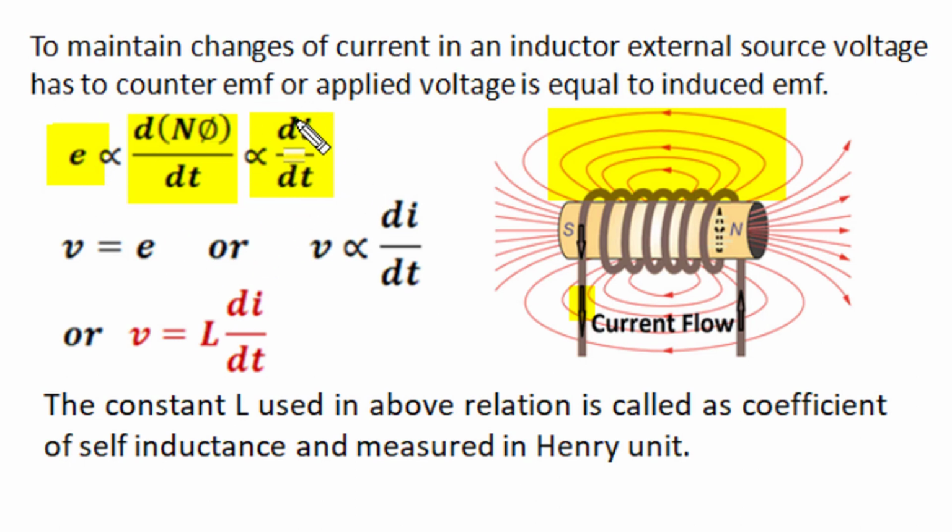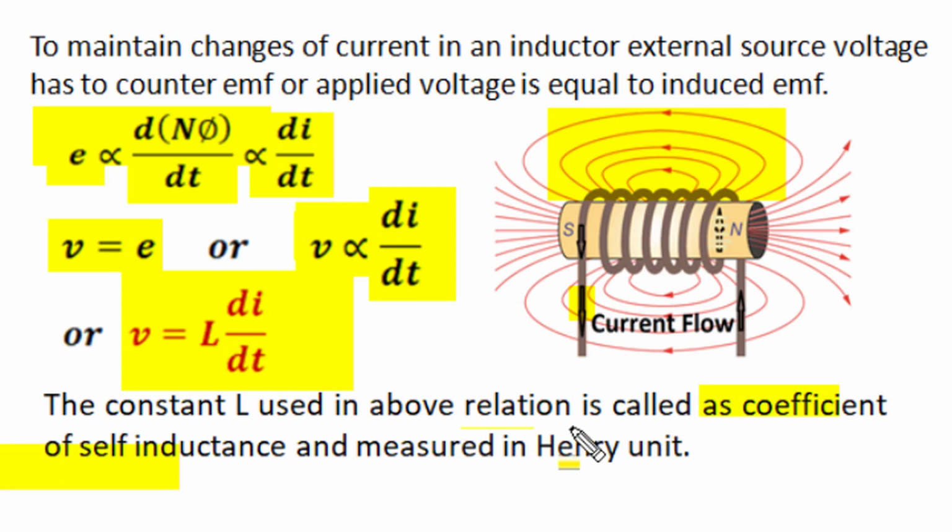To maintain such changes of current in this inductor circuit, we have to apply an external source voltage to counter this induced EMF, and the externally applied voltage is equal to the induced EMF, and we can say to maintain the time rate of change in current, we have to apply a voltage which is proportional to the rate of change of current with respect to time, and this proportional relation can be converted into equality, and for that we use a constant denoted by this capital L letter, and this L constant is known as the coefficient of self-inductance, and it is measured in Henry unit.